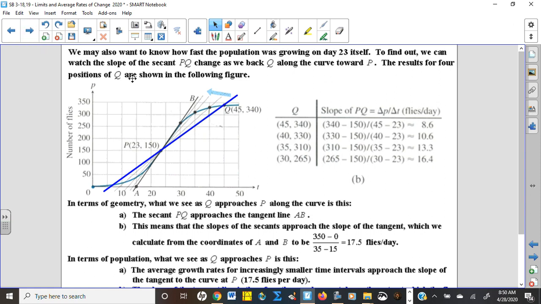If we read through here, it says we may also want to know the rate of the population on day 23. Think of that. So we're not saying what's the average rate of change from 23 to 45 or from 23 to 40, but on day 23 itself. That's a huge concept. And this is something we'll talk about tomorrow, where you were never asked to figure out something like that in algebra.